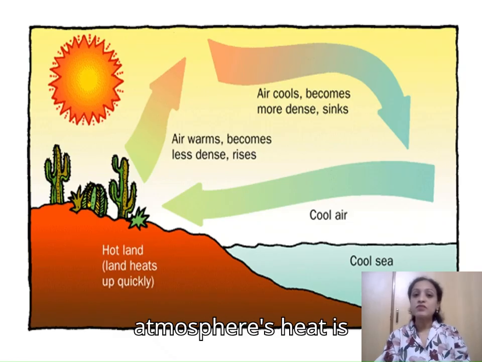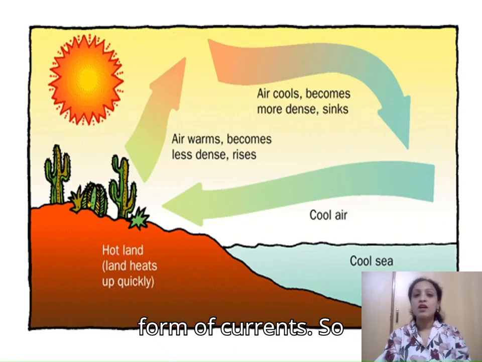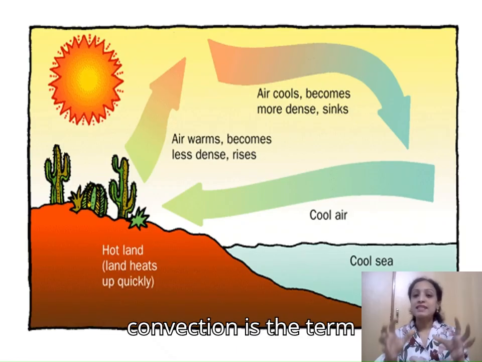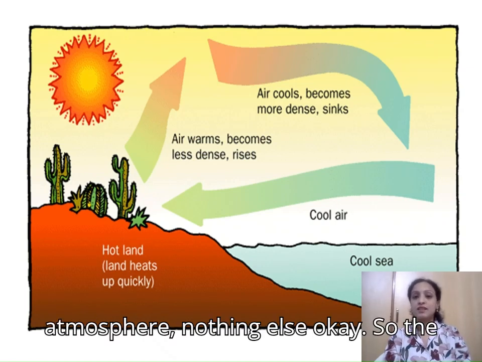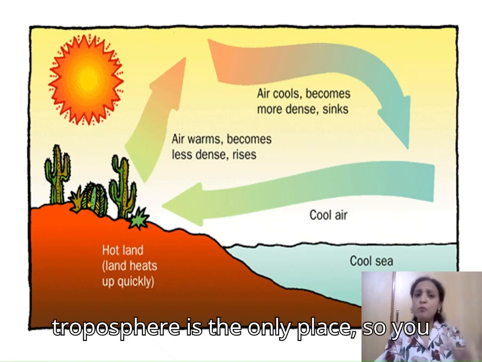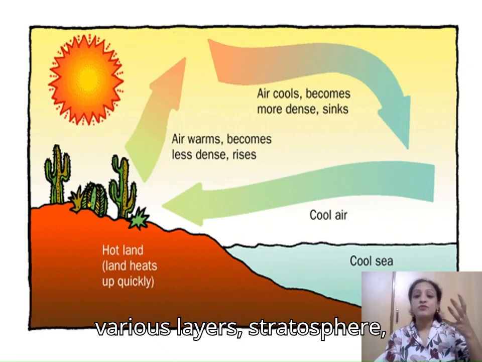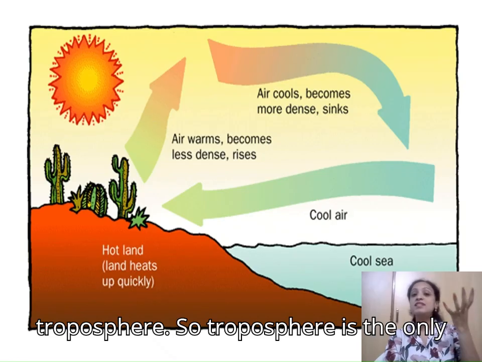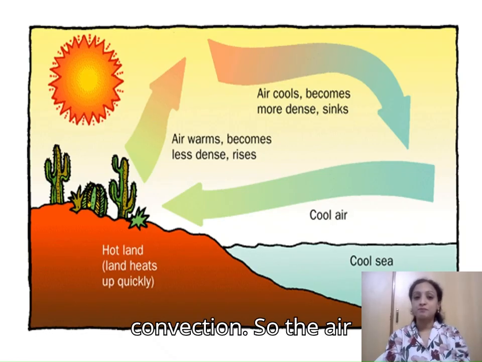So the atmosphere's heat is transmitted through heated air in the form of currents. Convection is the term for the process of heating the atmosphere, nothing else. The troposphere is the only place where energy is transferred by convection. You know that the atmosphere is divided into various layers: stratosphere, troposphere.